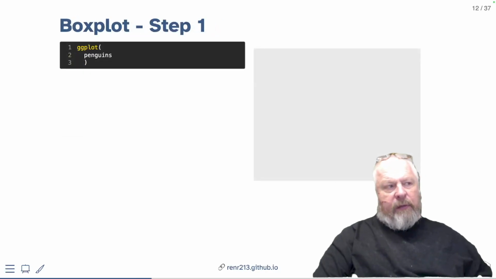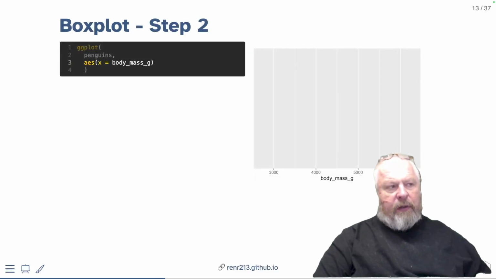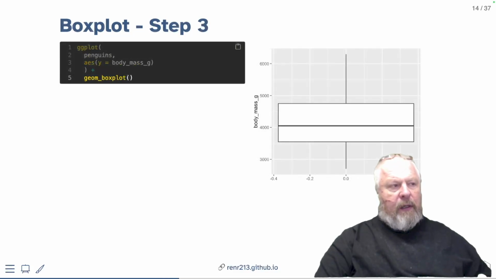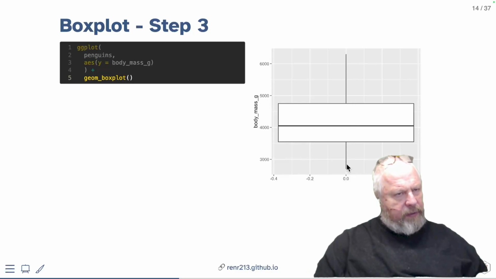Box plot is another way of looking at distributions. So we start off doing the same thing. We ask it to do a box plot. So what the box plot indicates is the median, the quartiles, and something that I believe is up to 2.5 times the interquartile distance.